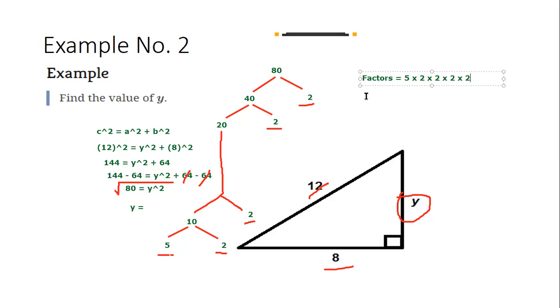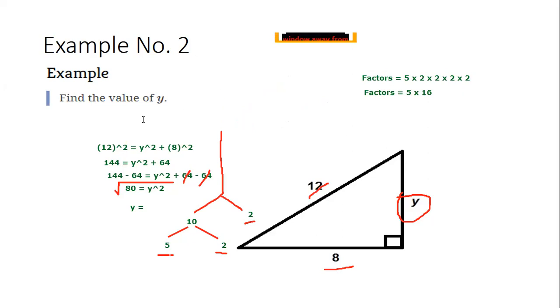Or we can simplify this: the factors are 5 and 2 times 2 times 2 times 2, that's equal to 16. So, back to the original answer.